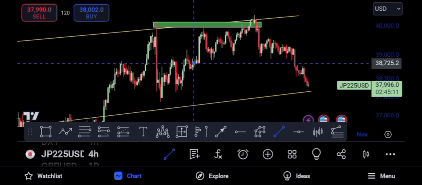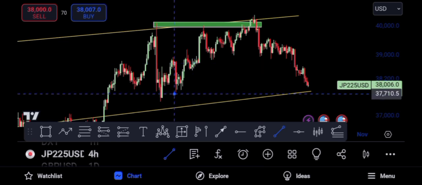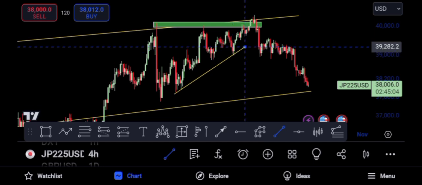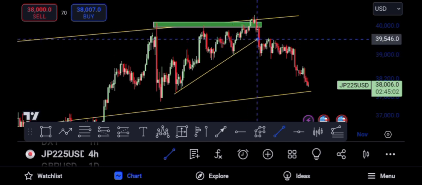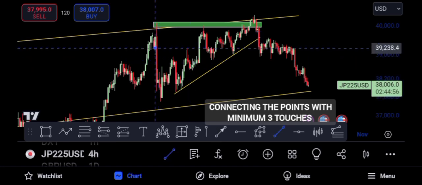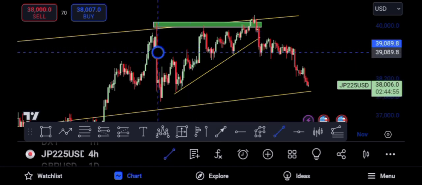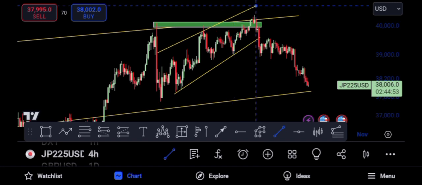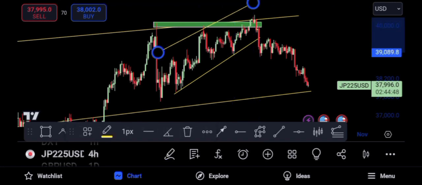So now I'm going to be teaching you how you can structure using a trend line. Again, this is what I'll be doing. So you can see that I've actually plotted out another structure.